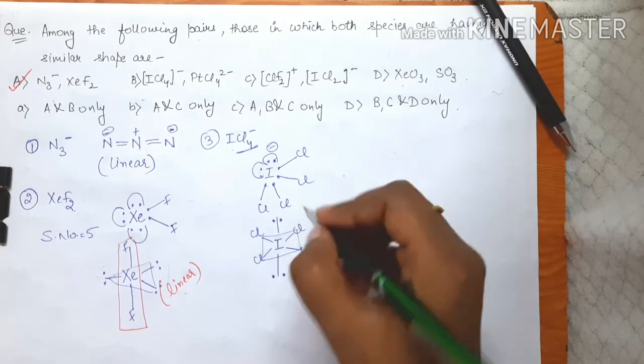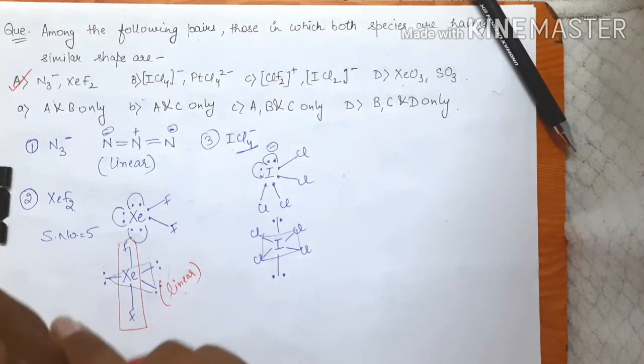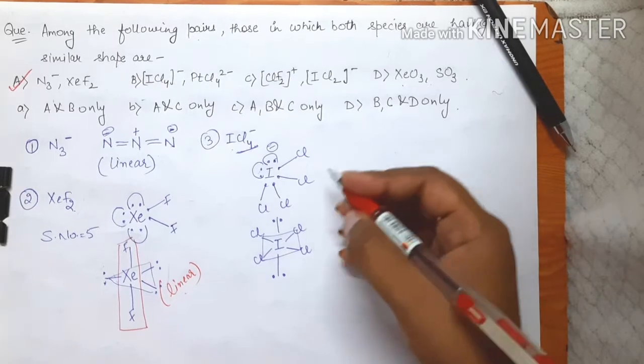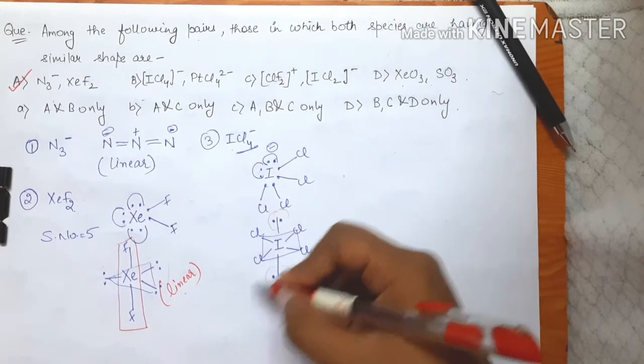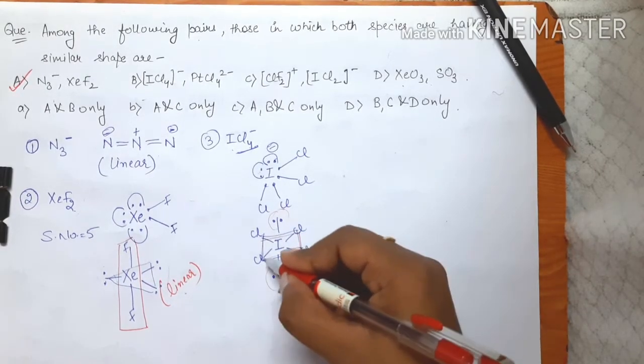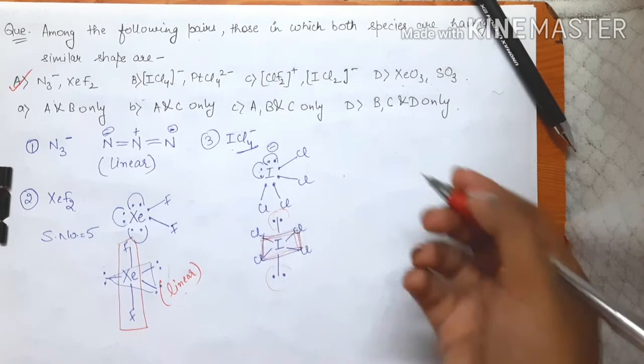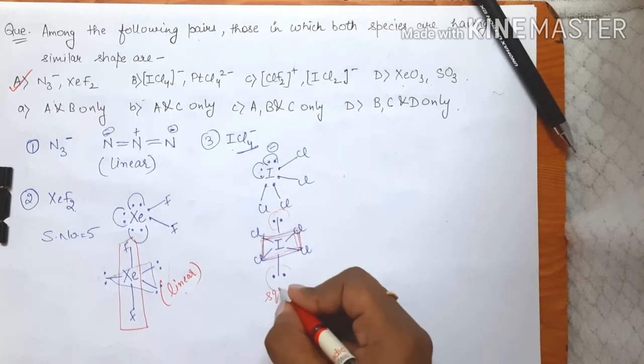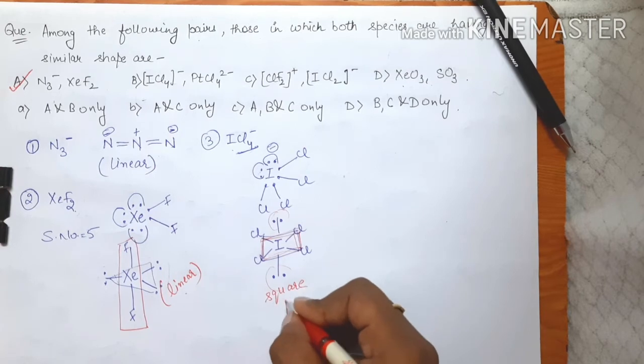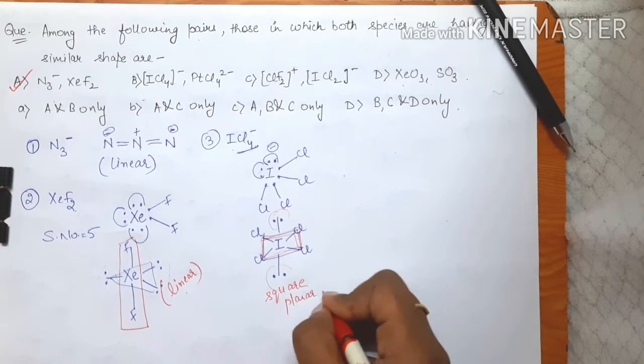Now if we have to find out the shape, then we have to ignore these lone pairs. So what will be the shape? It will be square planar, right? So this molecule is having square planar shape.